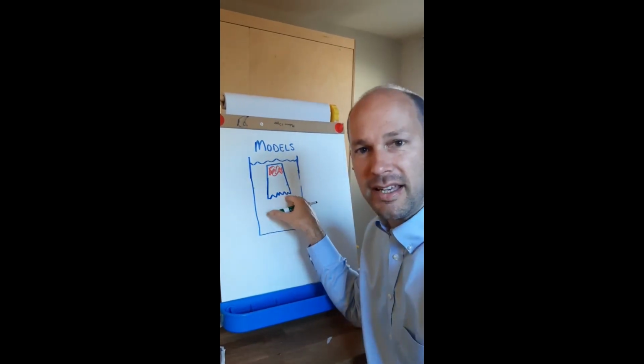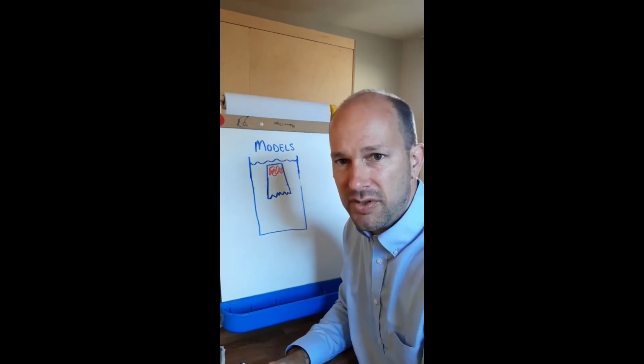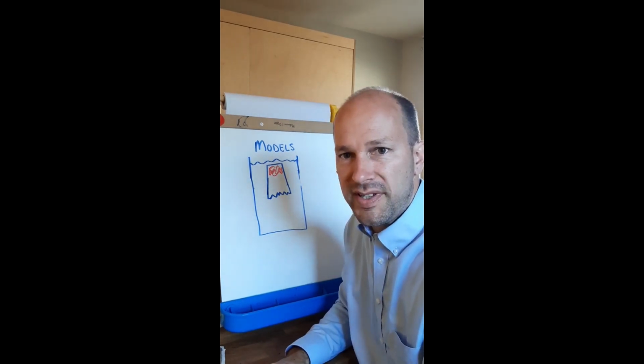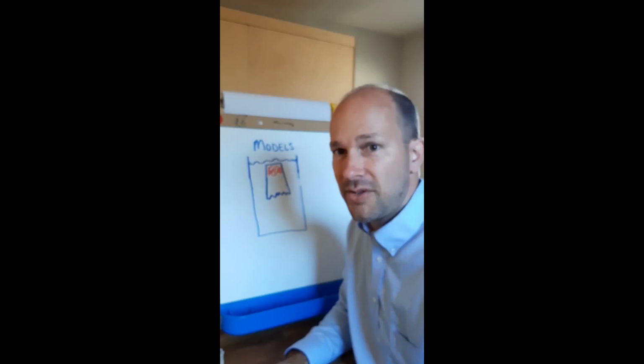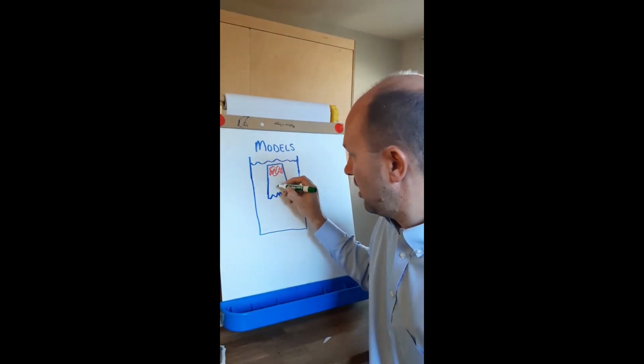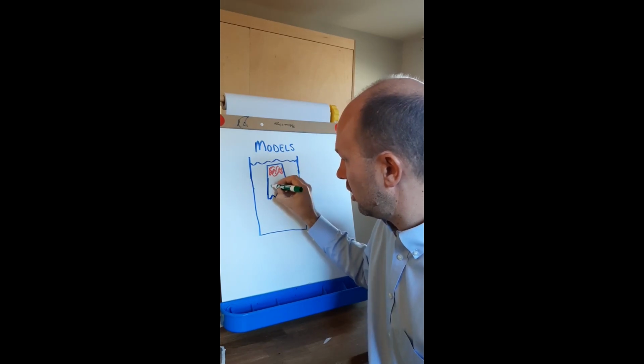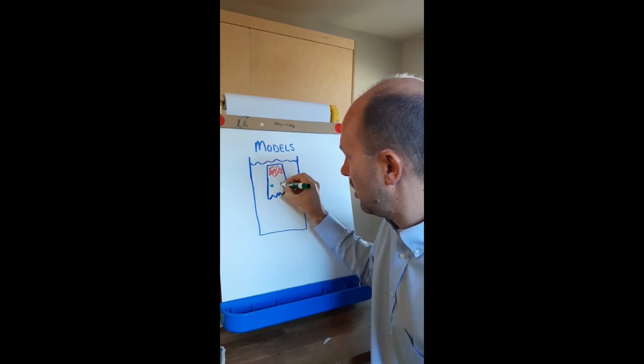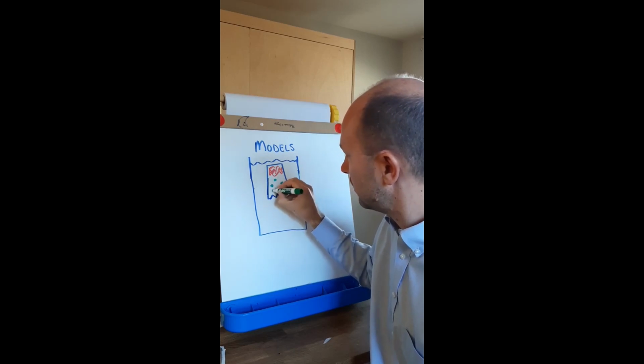How do I explain this? Well, it's very similar to the way that a balloon fills up. When you blow air into a balloon, then that air pushes on the sides. So we're going to draw some pieces of air.